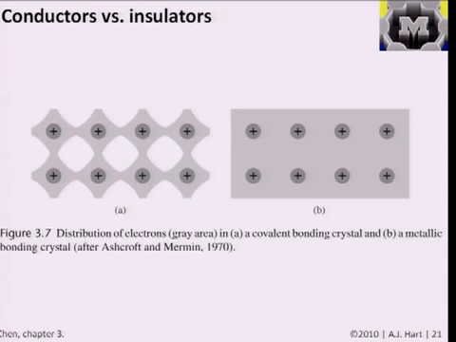So before we do that, just a really kind of cartoon picture of what a conductor is versus what an insulator is. On the left, you have atomic nuclei, and then the electrons are tightly bound to those nuclei. And so they're more or less localized, and you don't get a lot of free motion. So the electrons aren't free to wander around and carry energy from one place to another.